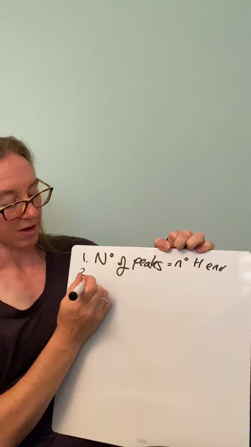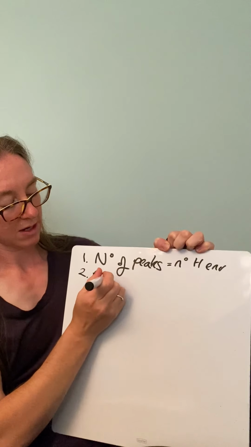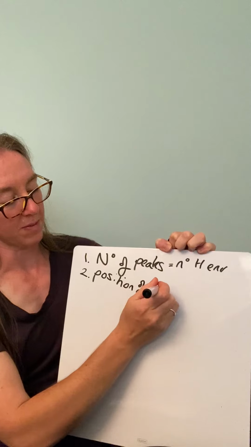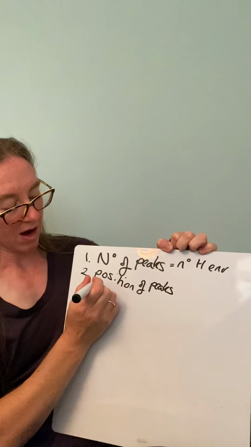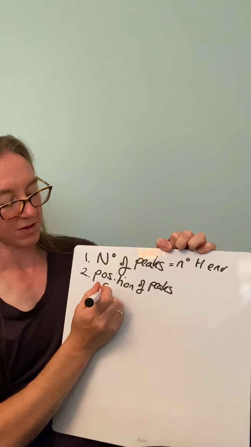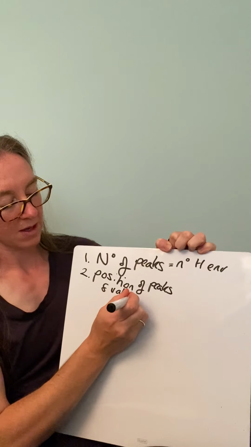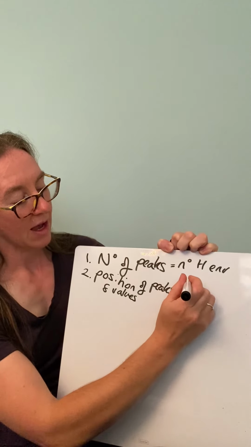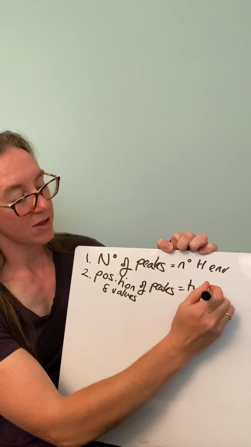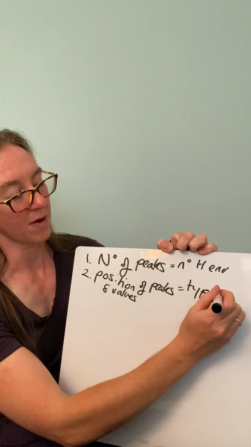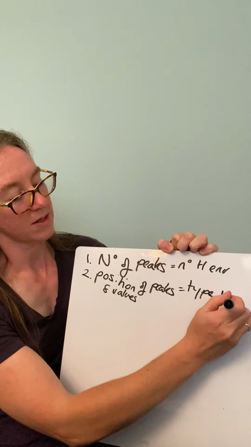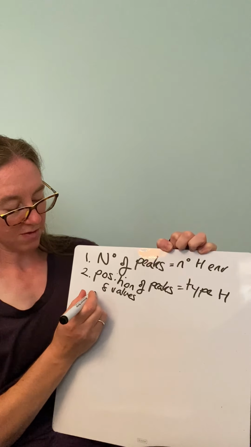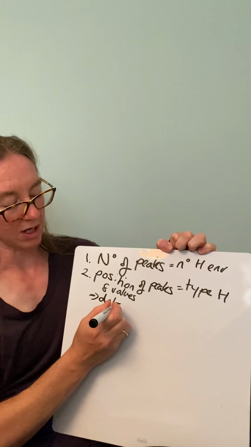The second thing I can look at is the position of the peaks, i.e. their chemical shift values. So where are they on that scale? And that will tell me the type of proton. Right, so that tells me the type of the proton, and I can find that out from looking at my data sheet.